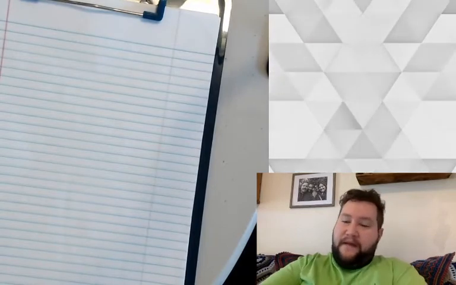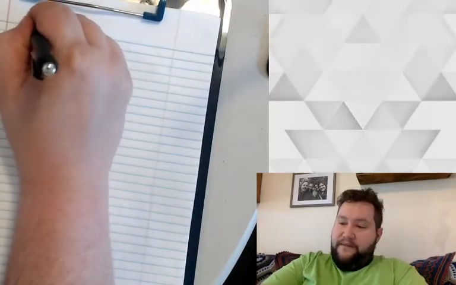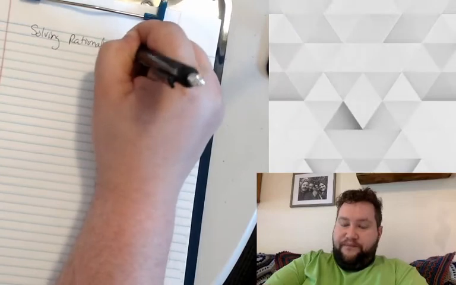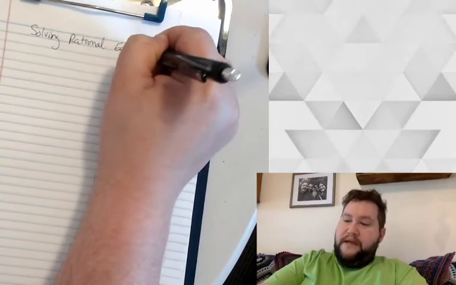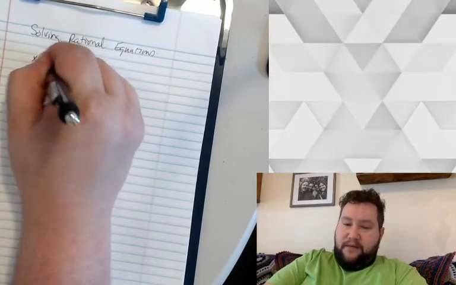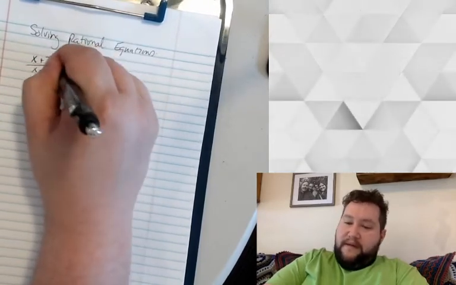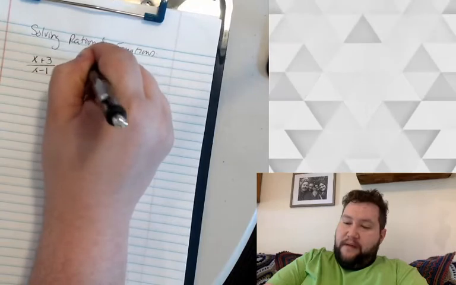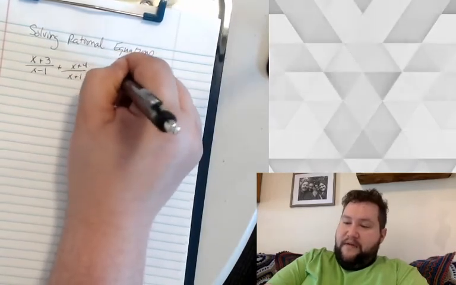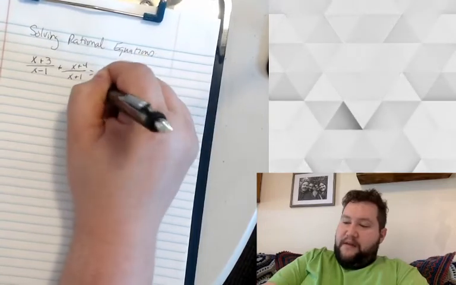Our next process is called solving rational equations. And that's something that looks like this: x plus 3 over x minus 1 plus x plus 4 over x plus 1 equals 8x plus 5 over x squared minus 1.